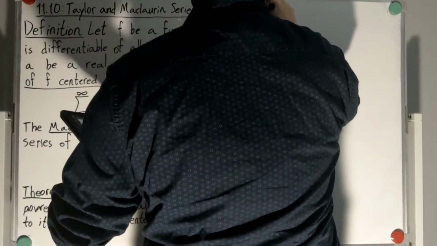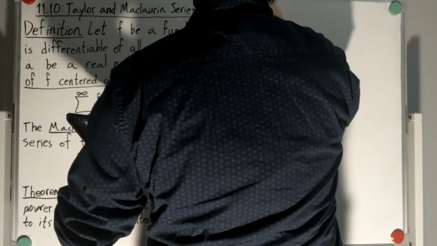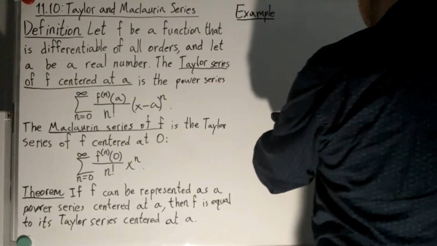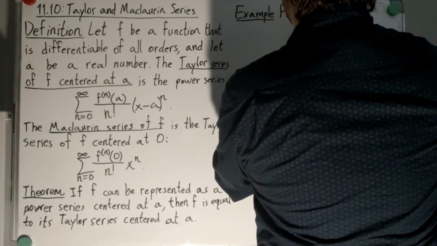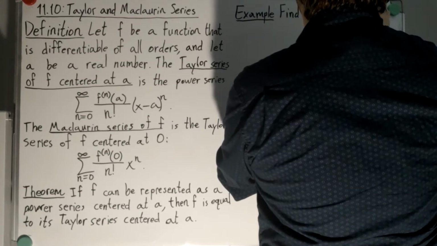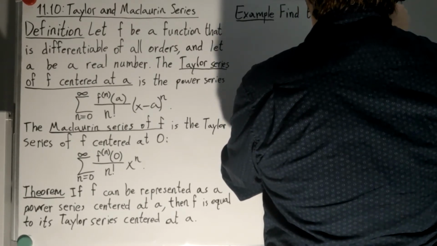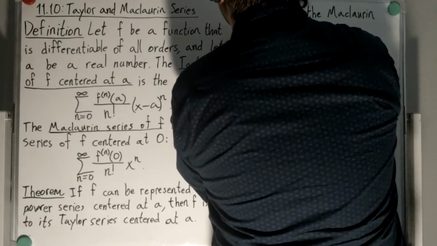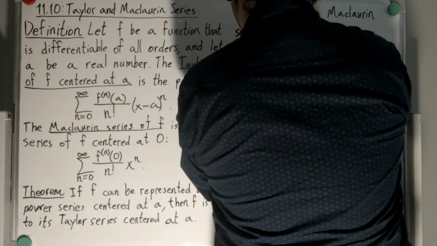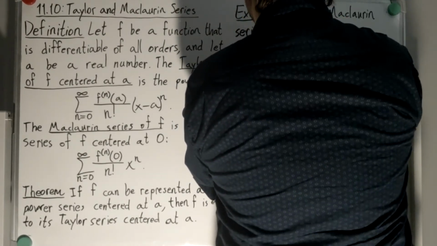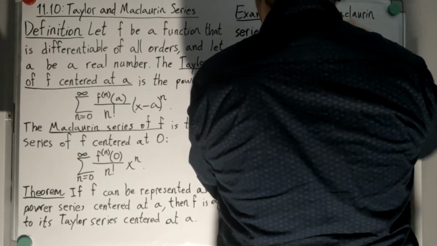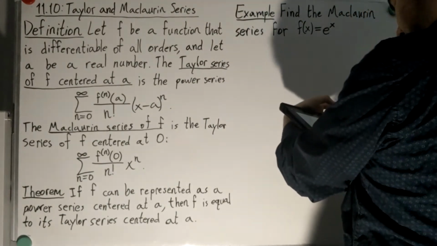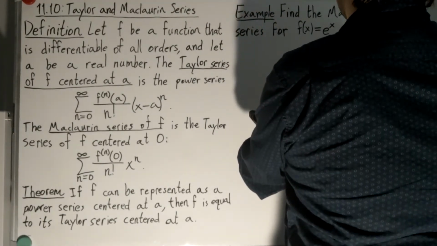All right, so let's look at an example. Okay, so we're going to find the Maclaurin series for f of x equals e to the x, and its radius of convergence.